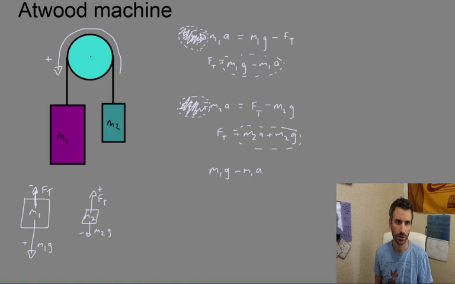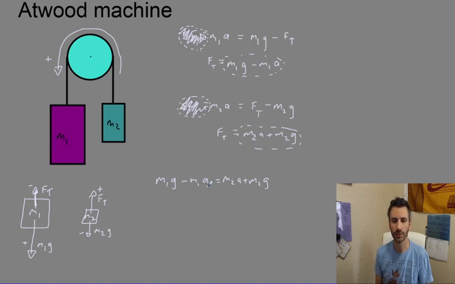And in fact, I can see I'm going to have a problem if I don't move this over a little bit. So let me go ahead and do that. That'll be better. So that will be equal to all this stuff. So that's m2a plus m2g. All right. So this is equal to that.